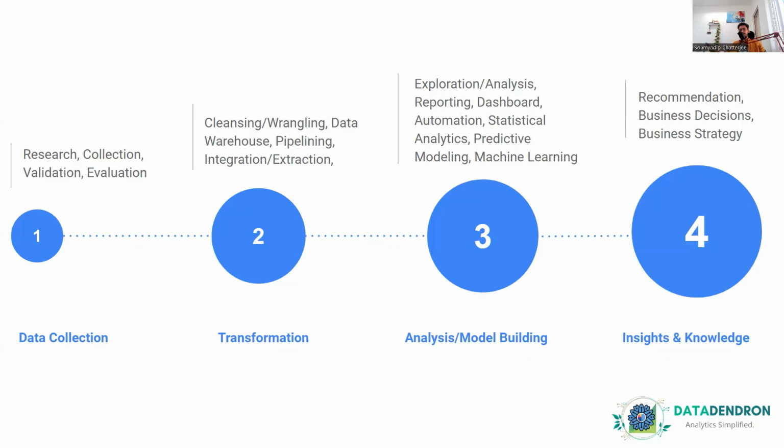And that's step 4. In step 4, we tease out all the information, all the patterns, all the findings, and then on the basis of that, we deliver recommendations to the business. We formulate strategies for the business.